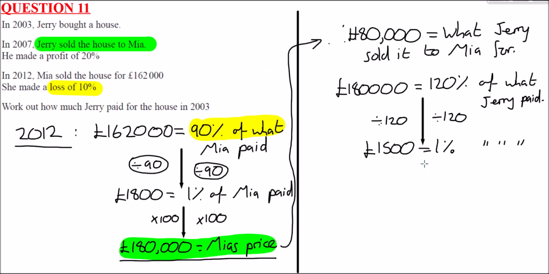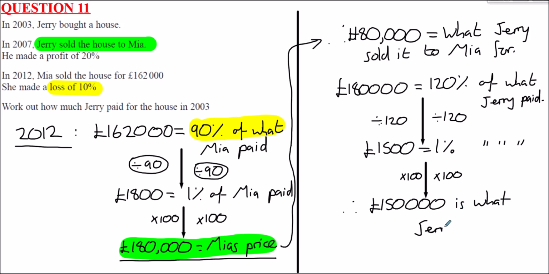And finally, multiply by 100 to work out 100%. So therefore, timesing that by 100, I get £150,000 is what Jerry paid.